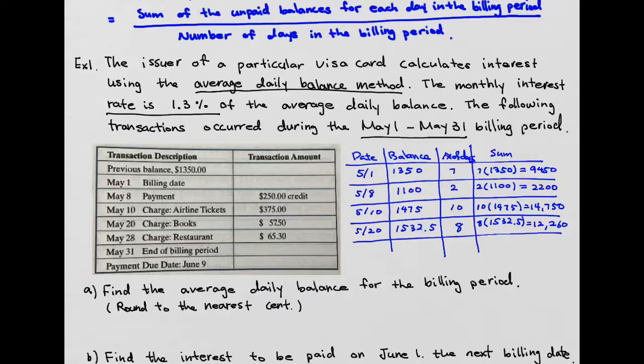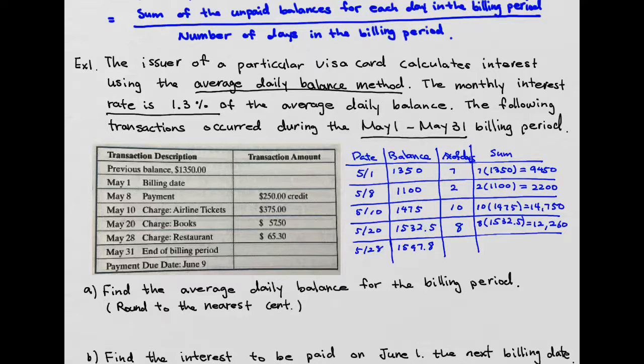And then the next transaction is going to be on the 28th, and you're adding $65.30. So it makes it 1,597.8. And this is the last change. When you're counting this day, you start from 28.